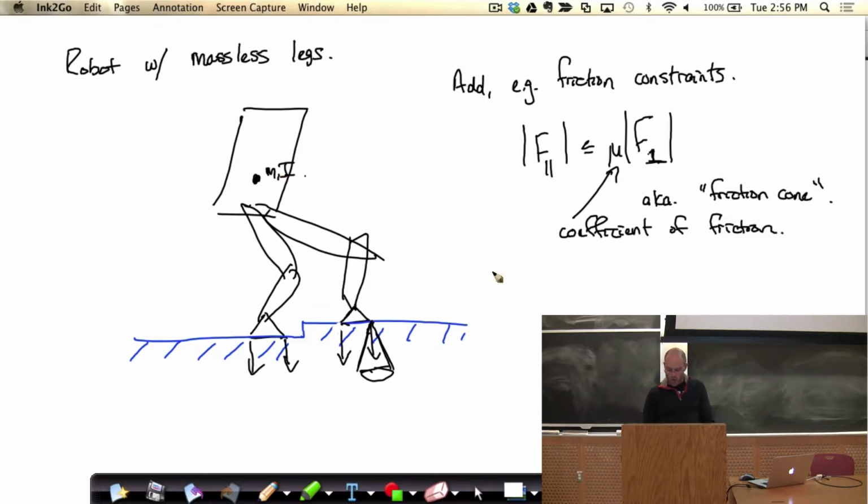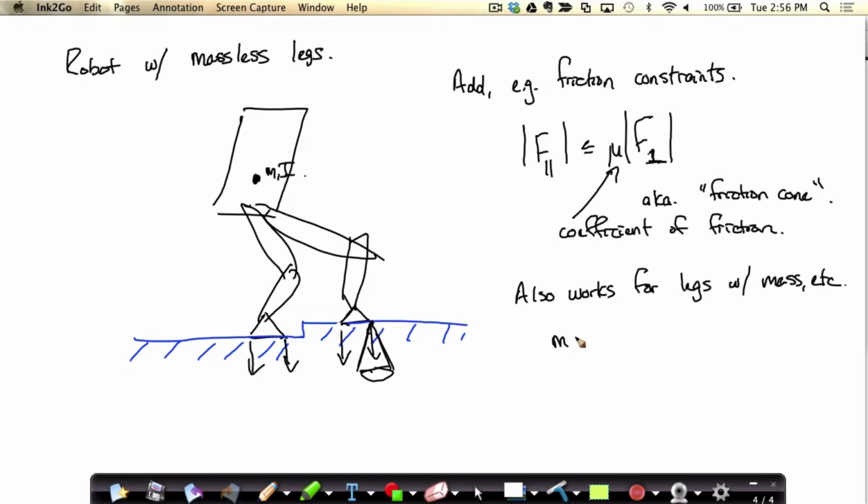Okay, so far I just talked about a single rigid body. So what if I want more than just a single rigid body? If I had mass in my legs, for instance. So I'm just going to change my mass. My point mass here is going to turn into the center of mass, which is going to be configuration dependent. And my inertia, the generalization, we'll call it the centroidal momentum matrix.